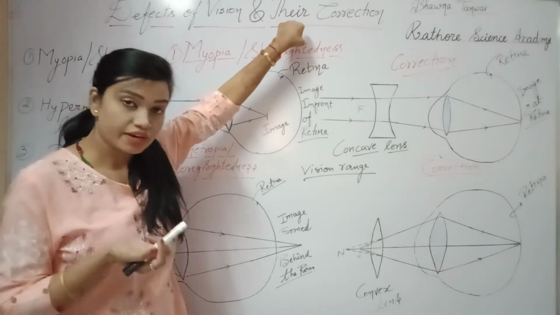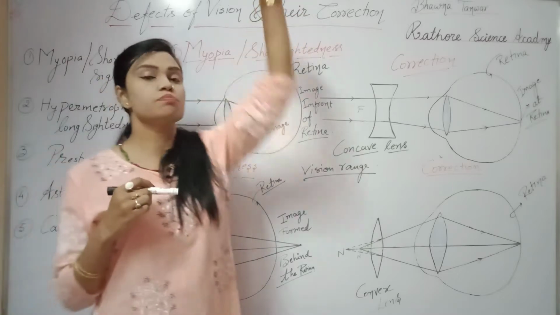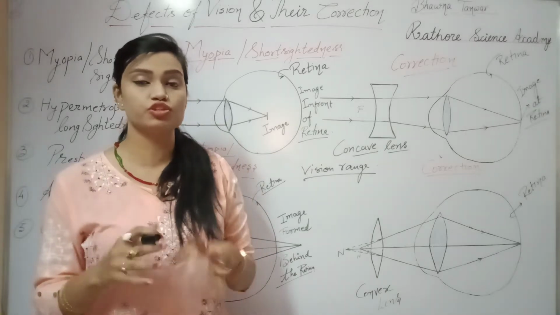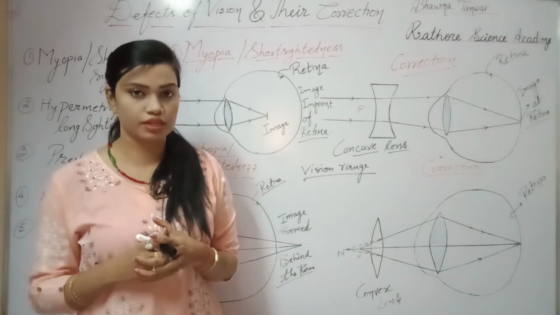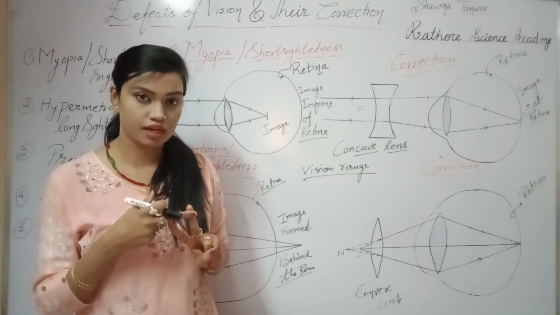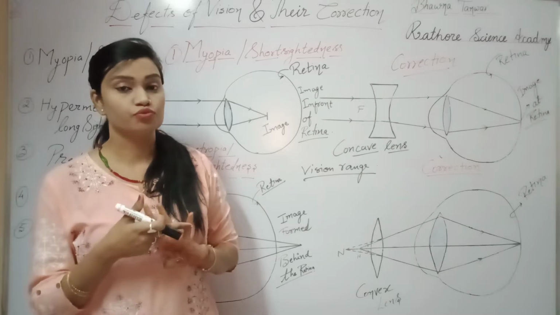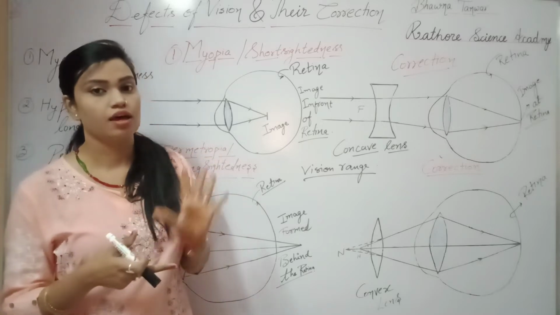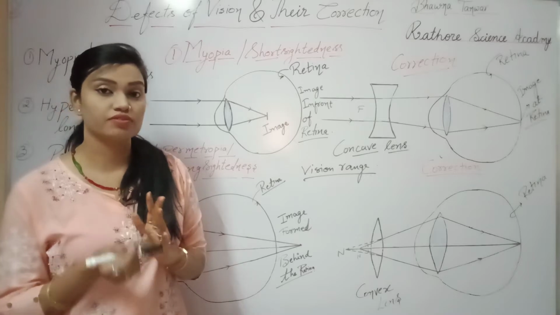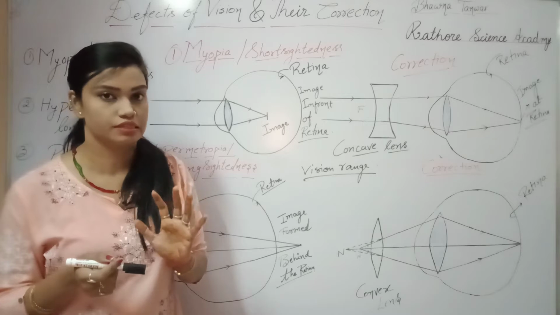What kind of defects there are and how we can correct them. Mainly, as per your exam point of view, there are 5 defects which you have to study. The first one is myopia, second hypermetropia, third presbyopia, fourth astigmatism, and the fifth one is cataract. These 5 are important, and don't worry, we will learn them in a very easy way.